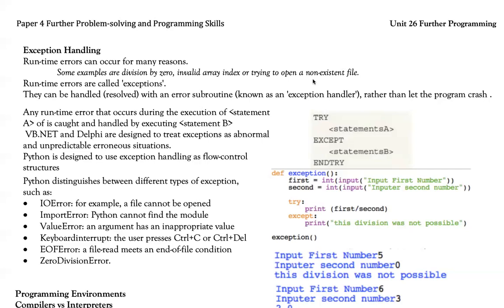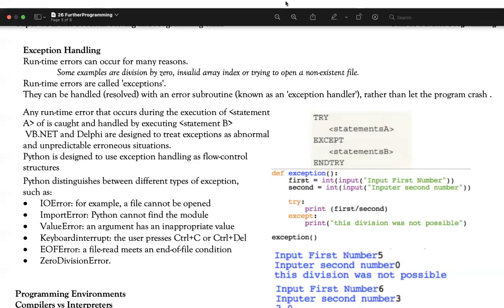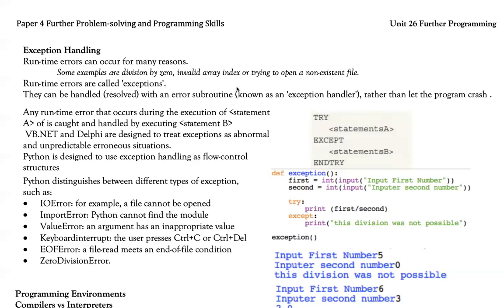Now, if in your file handling code you write a file name that doesn't exist, when that code runs it will try to access a file that does not exist, because of which a runtime error will occur. So these are possible scenarios where runtime errors occur, and if you don't handle them, the code will simply crash.